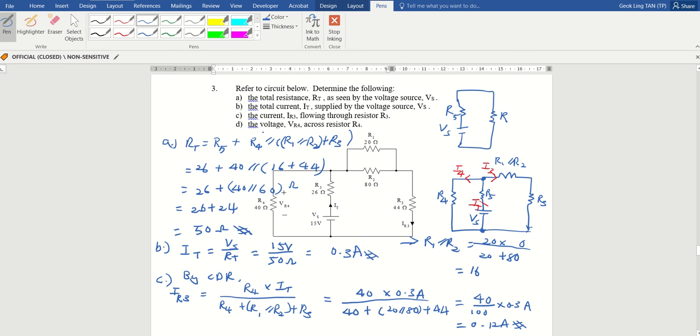Okay, part D, voltage VR4 across resistor R4. Here you can apply KVL.